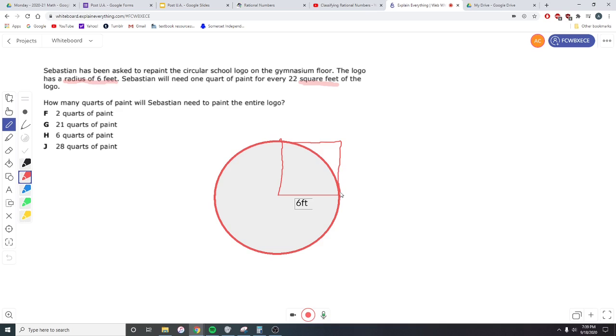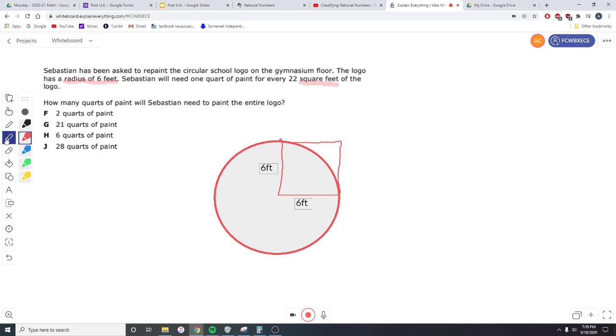It's not the most artistic square, I'm sorry for that, but let this be our radius square. Because this is a square, all sides have to be the same. If this is 6 feet, this side also has to be 6 feet.